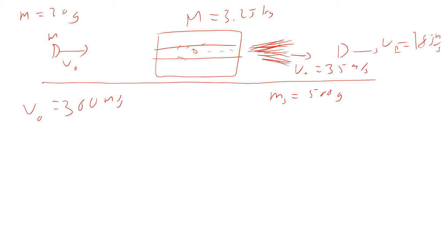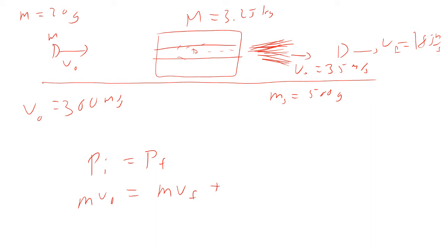So what does that do for us? Well, that means initial momentum equals final momentum. The initial momentum is still m v naught. The final momentum is going to be m v final.